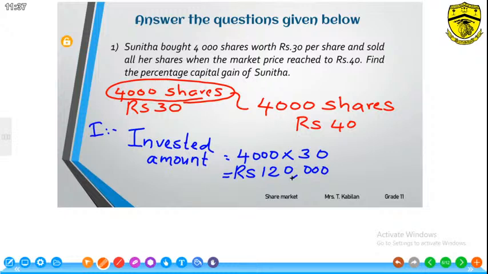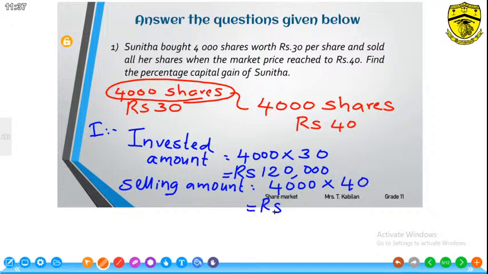Then we find the selling amount. Sunita bought 4,000 shares and sold all 4,000 shares. So the selling amount is 4,000 shares multiplied by the increased market price of 40. 4 into 4 is 16, add the zeros, so 160,000 is the selling amount.